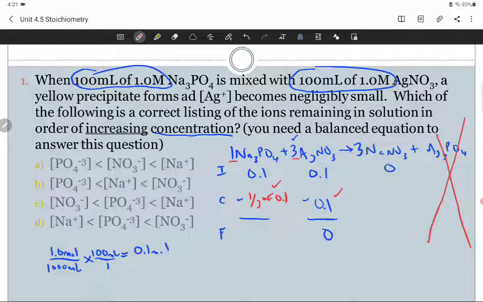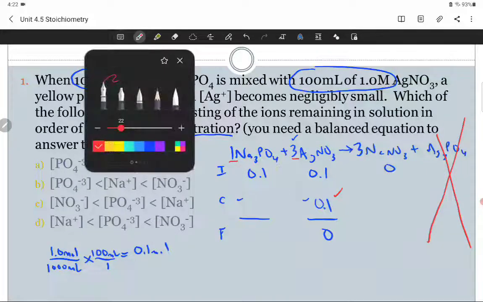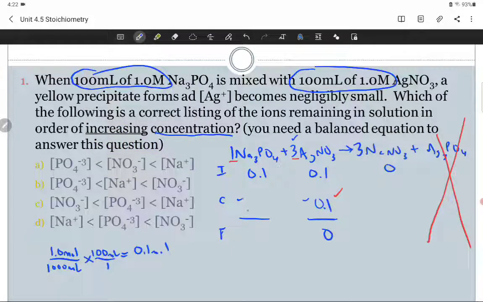So I'm going to erase that so I can put the actual number in. Okay, I'm kind of rounding there. So 1/3 of 0.1 is 0.034, actually 0.03333 repeating.